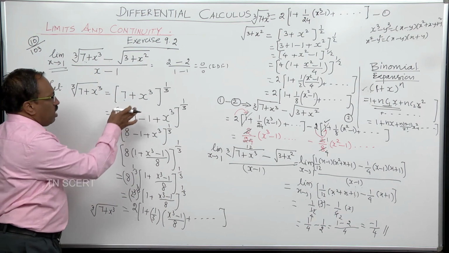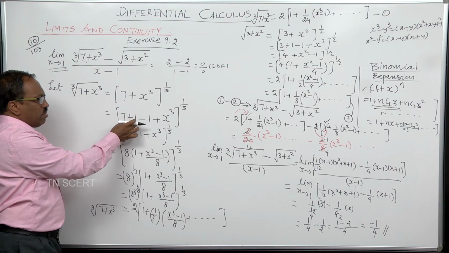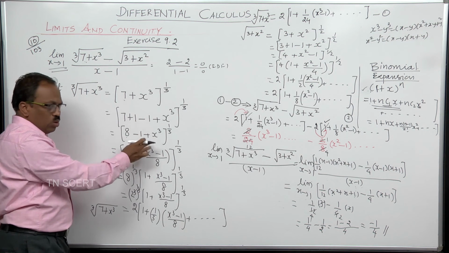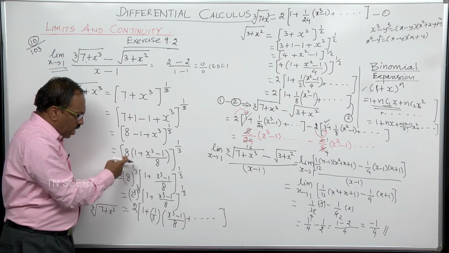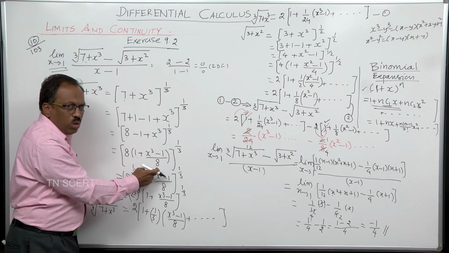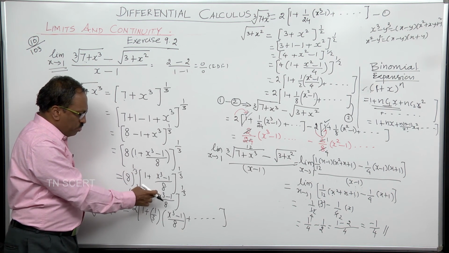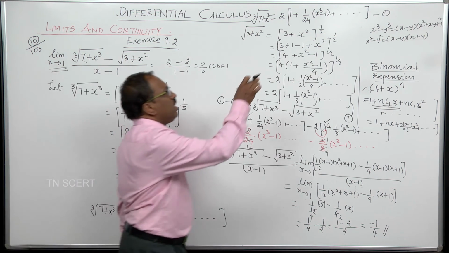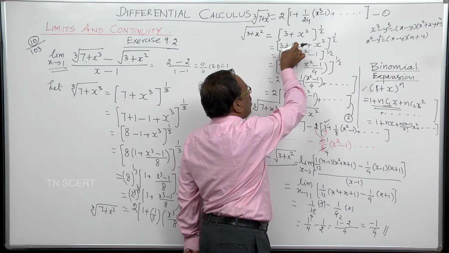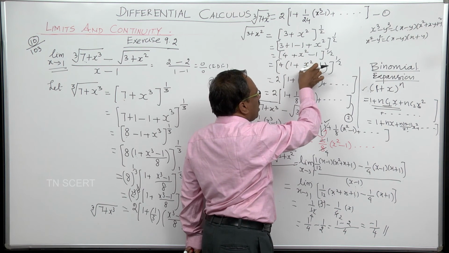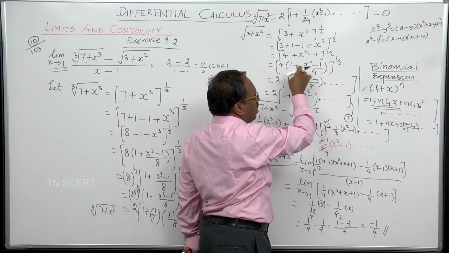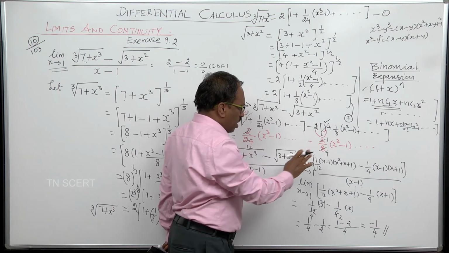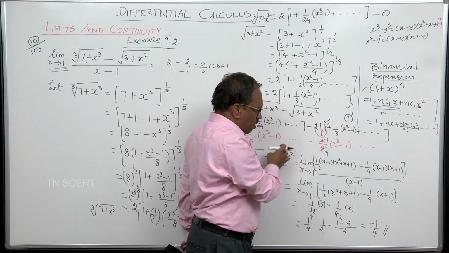So actually this adjustment is the main part, this 7 plus 1 minus 1, this stage is a very important and crucial stage, and while you are taking 8 common, this also you should remember, you put 8 down, and after that you apply 1 plus x whole power n, direct formula. Here also the same way, 3 supposed to be 4 minus 1 like this, and take 4 out common and this stage. After that applying binomial, then subtract, finishing numerator, simplifying.